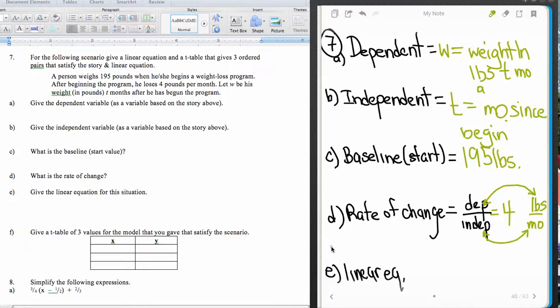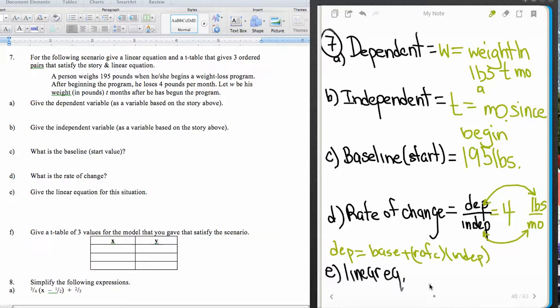because remember the linear equation is our dependent equaling our baseline, and then plus the rate of change. Remember, I like to abbreviate that with R of C, and that R of C then gets multiplied by our independent variable, and that's what we have our linear model built upon.